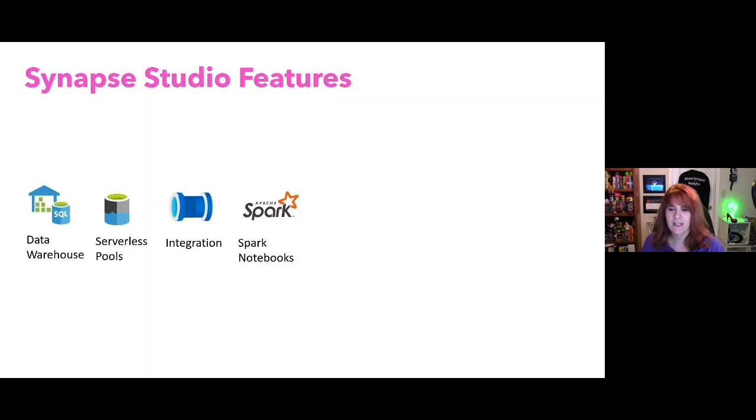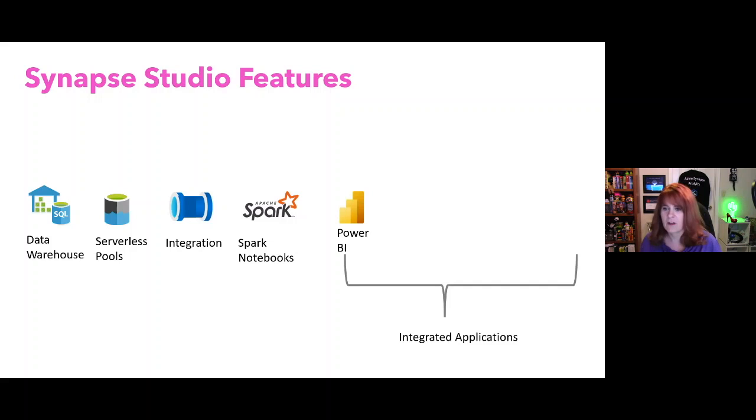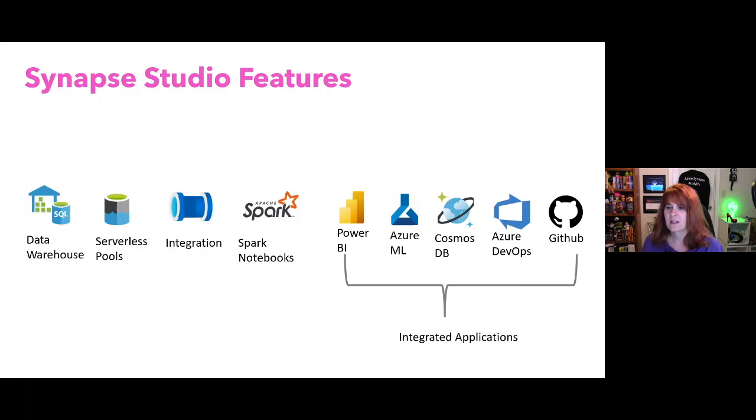Also integration, as well as Spark notebooks and the integrated applications, Power BI, Azure ML, Cosmos DB, Azure DevOps, and GitHub. But I'm going to be focusing on Azure ML and Spark within Synapse. And I'm looking forward to sometime when we can integrate SQL DB with that. That's just a shout out to somebody who might know the answer to that question.